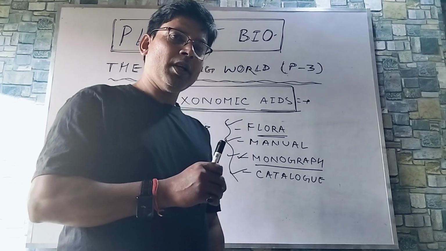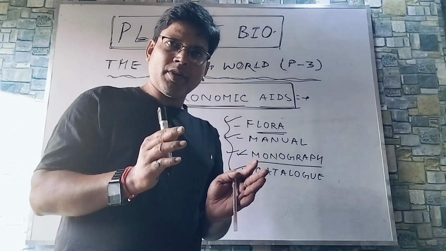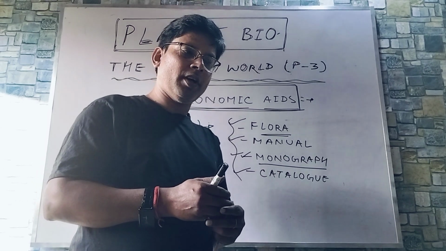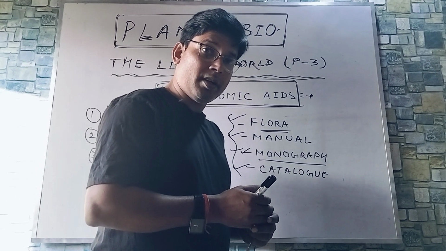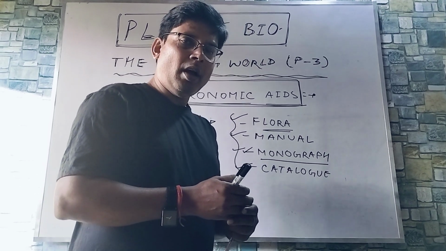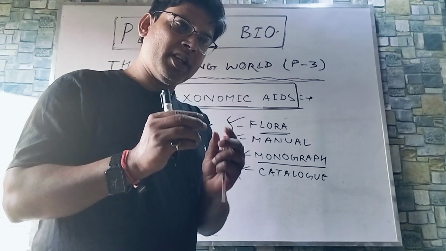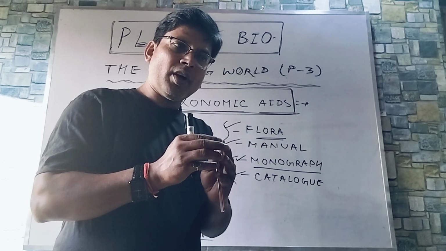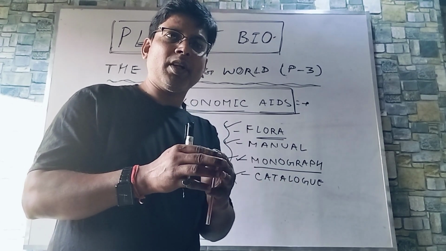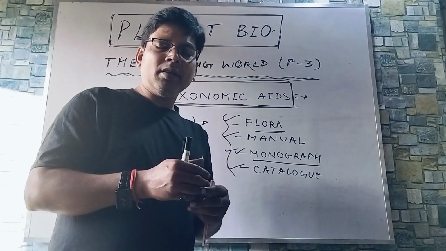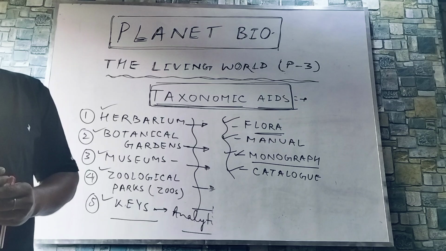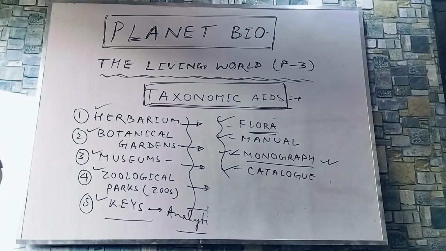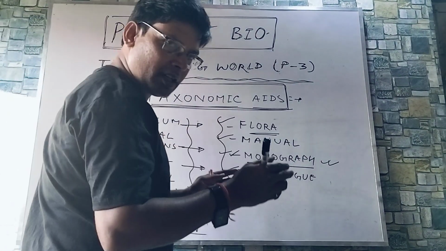For the first time, he studied the closed vascular system, the circulatory system, in a live snake, and he was the student of Fabricius, who studied the presence of valves in a longer vein. As William Harvey studied the blood vascular system in a live snake, he worked on a particular taxon, a particular species. He wrote Anatomical Exercise on the Motion of the Heart and Blood. So this is what we call monograph. Monograph contains information on any one taxon, any one species.